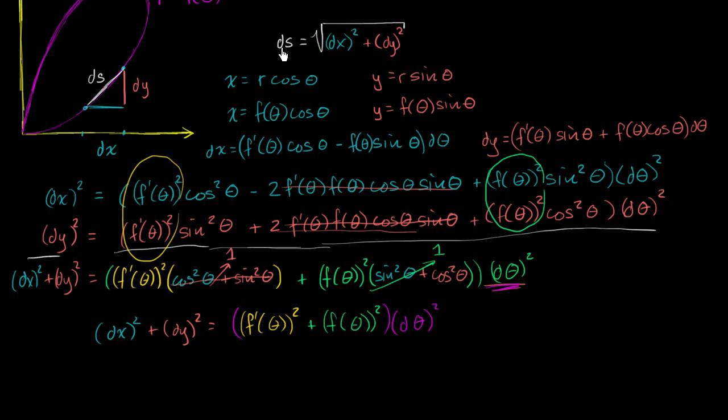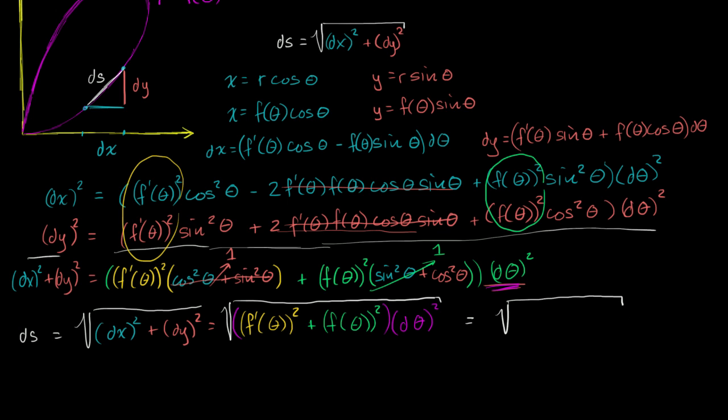Now, we know that ds is going to be the square root of this, so let's write that. So ds is equal to the square root of this, which is going to be equal to, well, we can factor out the square root of d theta squared, which is just going to be d theta. So we can just take that out, and we are left with the square root of f prime of theta squared plus f of theta squared.